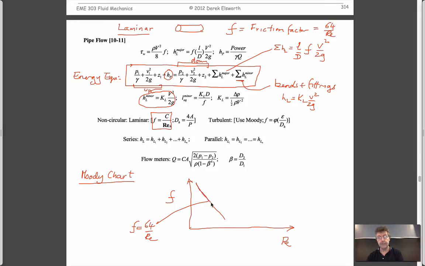And that's exactly what we've shown from our previous working. But what it will also do is it will show, this is for laminar flow, and this is for turbulent flow, and maybe this is 2000 in terms of Reynolds number.